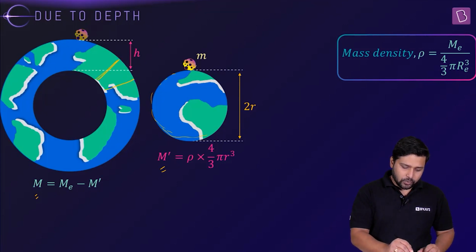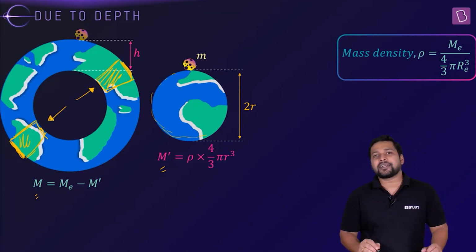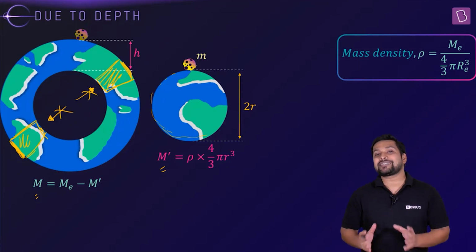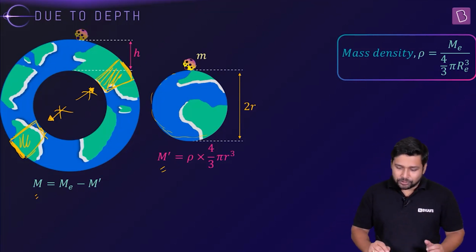This chunk of mass will be attracting the ball in this direction. And if you take the chunk diametrically opposite, this mass will be attracting it in this direction, thus cancelling the effect of each other. So this is what happens.